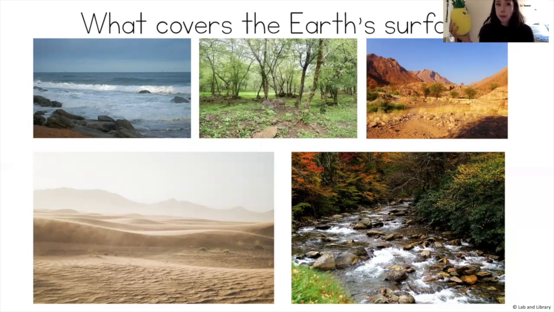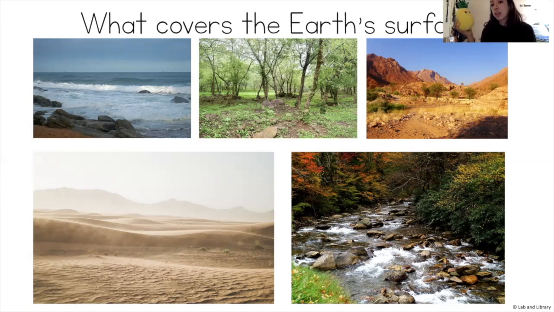So for the first picture, what do you think covers Earth's surface? My student would say water. For the second picture, they could say trees because there are trees in the pictures, but my student could also say dirt and rocks, which is a very good answer.